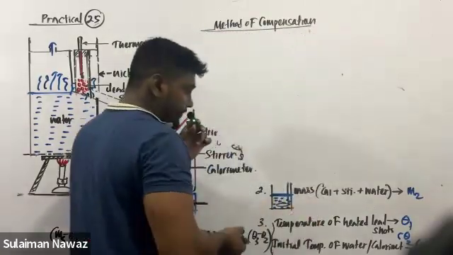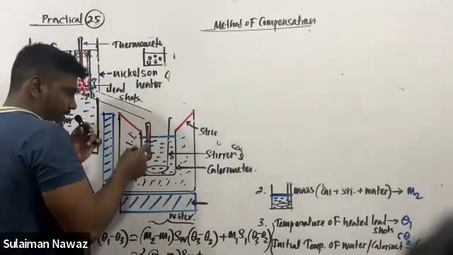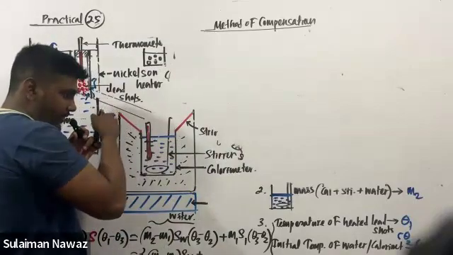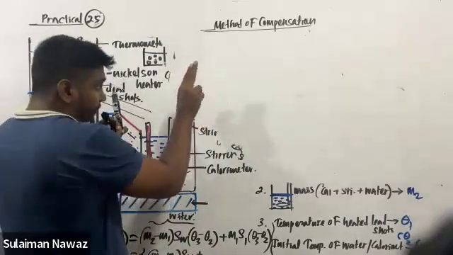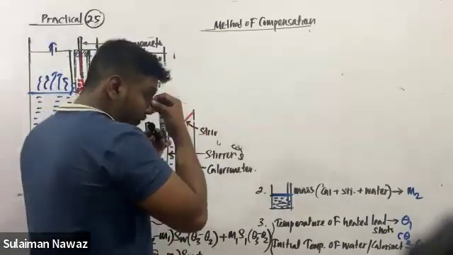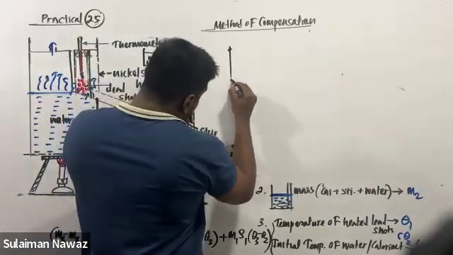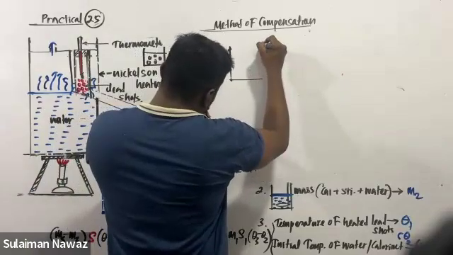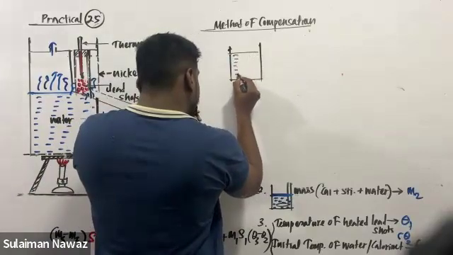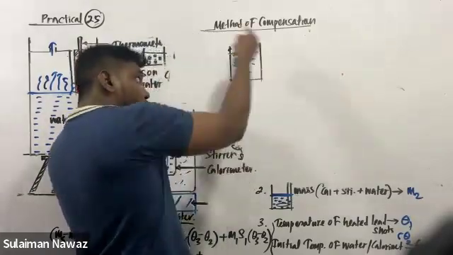Now this is your calorimeter. Actually, I discussed that the initial temperature of the calorimeter is the room temperature. But if you are going with the method of compensation, listen very carefully: you reduce the temperature of the calorimeter to 5 degrees Celsius less than the room temperature.